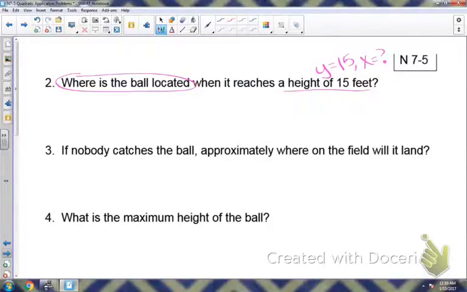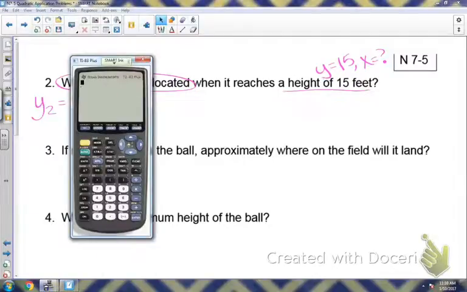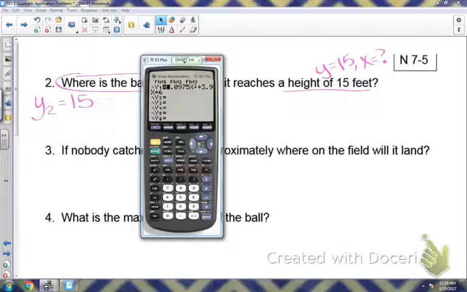Alright, so anytime you're given y, what we will do is plug our y value into y2 on the calculator. So if you go to y equals, keep your quadratic in y1. We're going to type in our y value, which is 15.